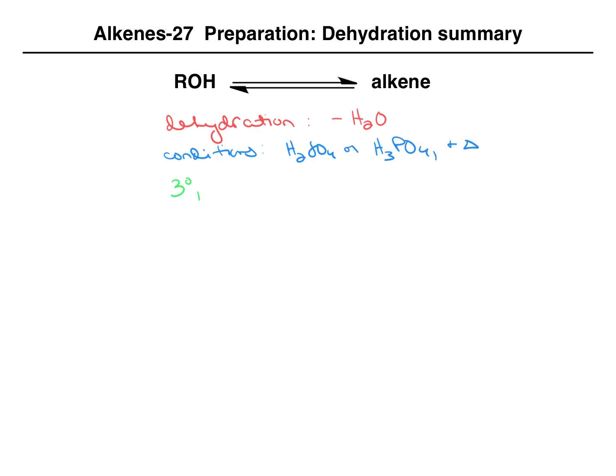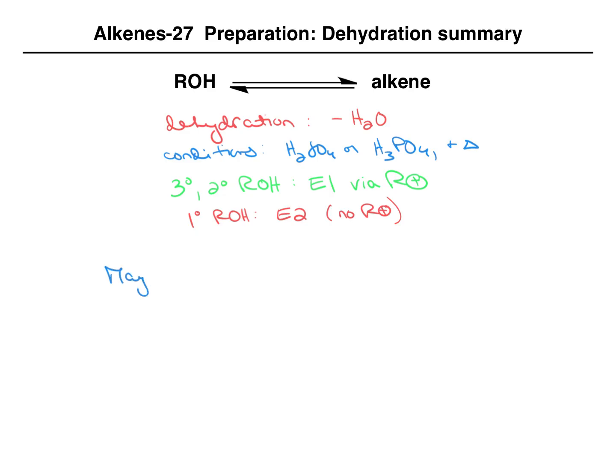Tertiary and secondary alcohols will undergo the E1 mechanism, which proceeds through a carbocation, and primary alcohols will proceed through the E2 mechanism, which has no carbocation. Methanol cannot undergo a dehydration because it can't form an alkene with only one carbon.